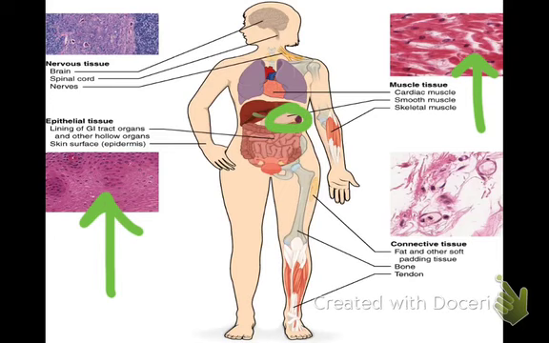Smooth muscles are like your stomach and your intestines, and then of course your skeletal muscles. And then we have our connective tissue: fat and other padding, bone, and tendons. It connects your tendons to your bones, which is what helps your skeleton move so that you can have movement. Okay, so those are the four types of tissues.